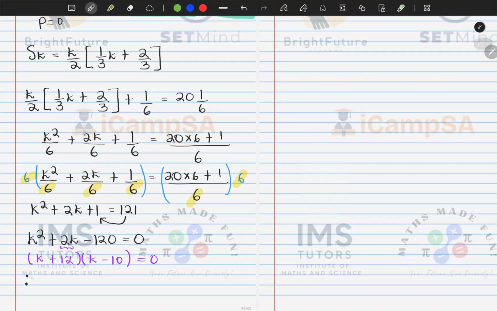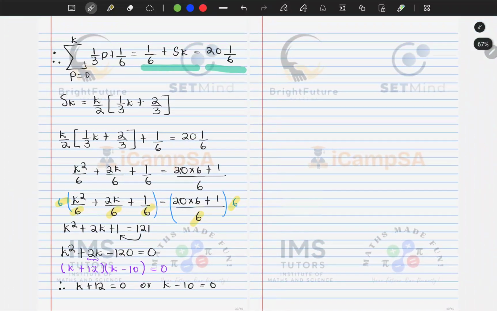So we will clearly find that k plus 12 will be equal to 0, or k minus 10 will be equal to 0. So when we solve here, we'll get two k values. You'll get a k of minus 12, or we get a k of 10.